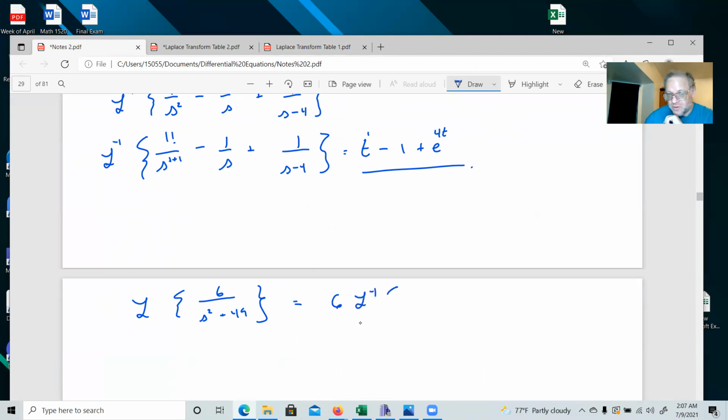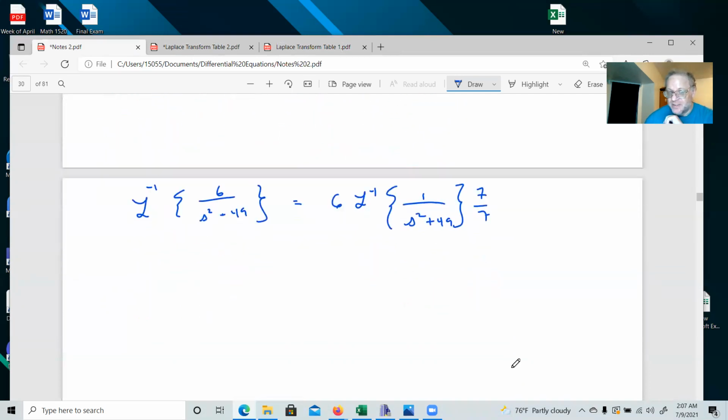Inverse Laplace transform, the inverse of 1 over s squared plus 49. What if I multiply this by 1? That's 1. And then I'll put the 7 on top inside, and I'm just going to pull this on the outside.